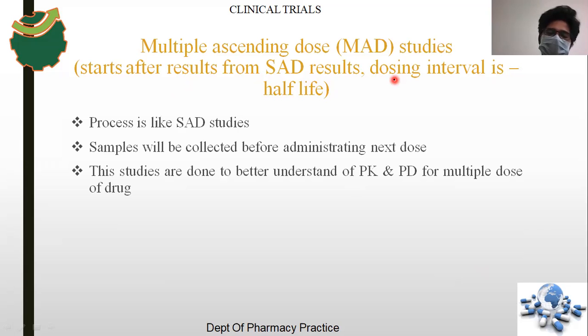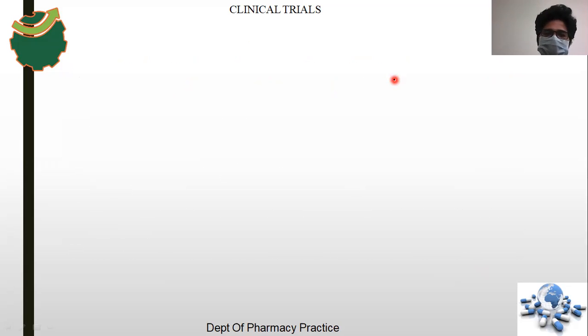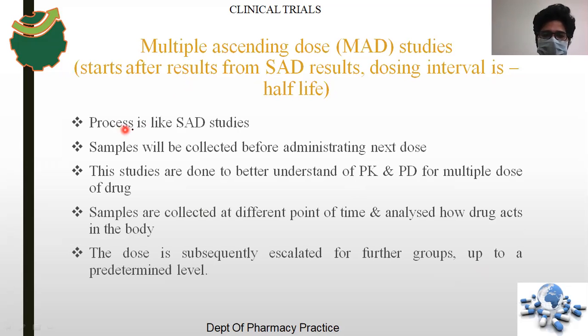The process for multiple ascending dose studies is similar. You give a drug and observe one batch. If there is no problem, you start the second batch with a higher dose. You observe that batch, and if there is no problem, you start the third batch with a higher dose, like that. We follow the same process as for single ascending dose: you administer the dose and check the basic parameters to see the PK/PD parameters.